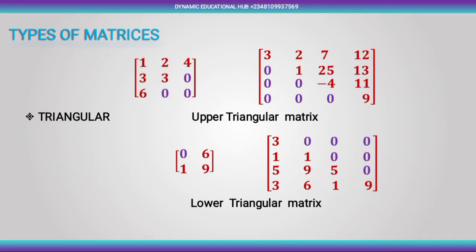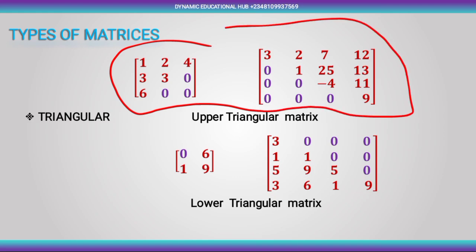Another special type of matrix is the triangular matrix. Now, triangular matrix is a form of square matrix. So for a matrix to be triangular, it has to be a square matrix. A square matrix that has both zero elements and non-zero elements, and along one of the diagonals you must always have non-zero elements.